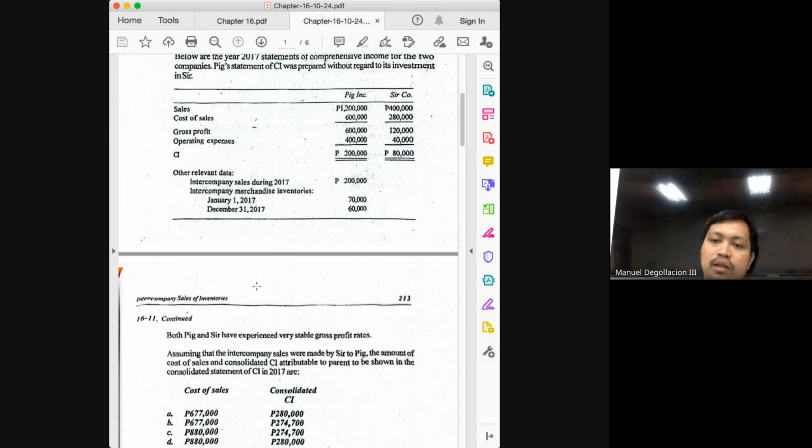How much was the consolidated gross profit, class? 723. Now 723 minus 440, class. 283. Is that familiar, class? Yes, that's the amount we computed as your consolidated income. Okay.